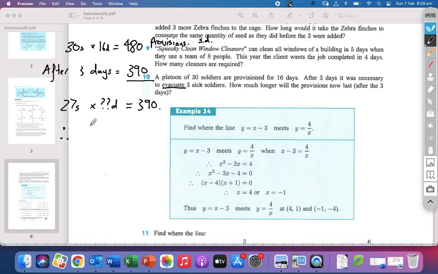Therefore, 14.44 days is the answer, because it says how much longer, right? So we already had 3 days, so there's a total of 17.4444, you want to write 4/9 days. That's recurring.